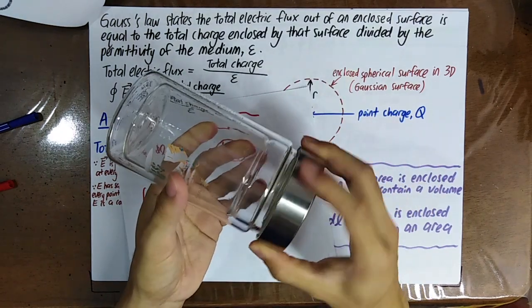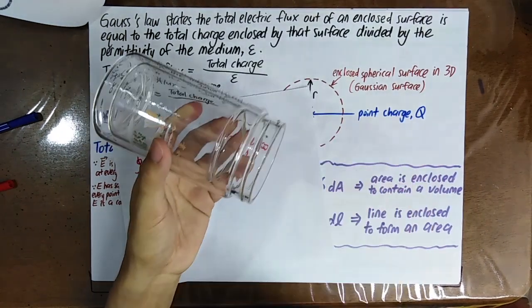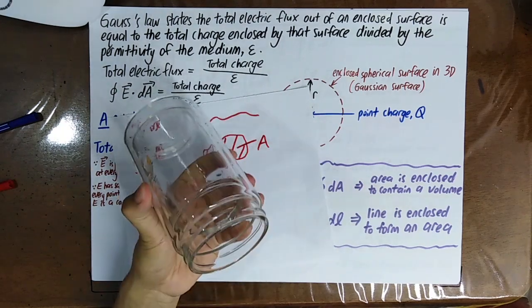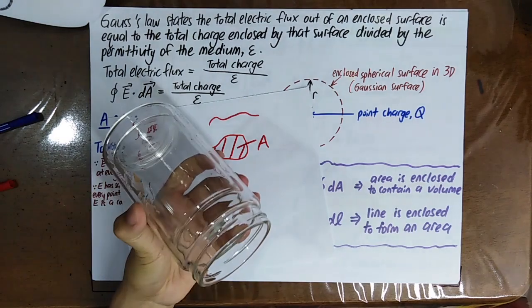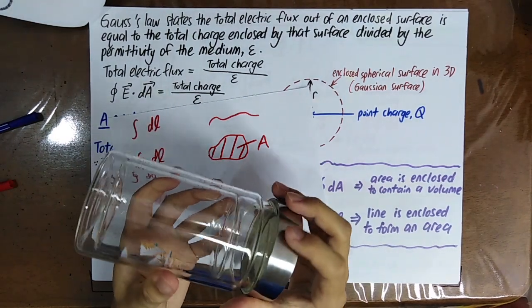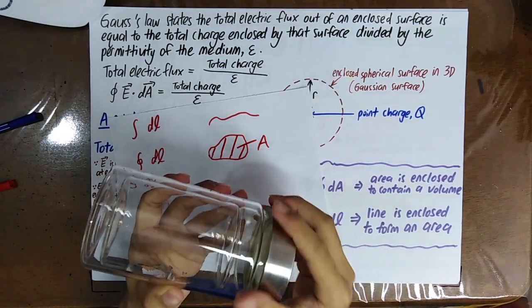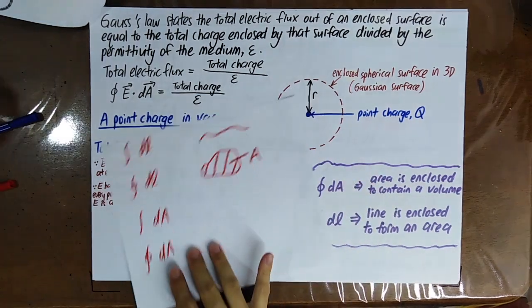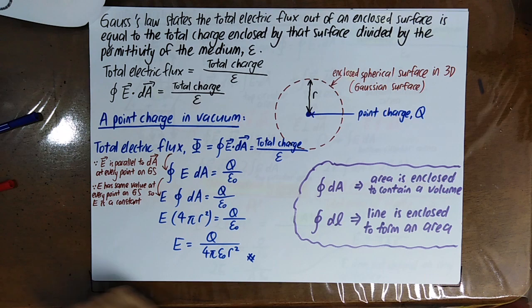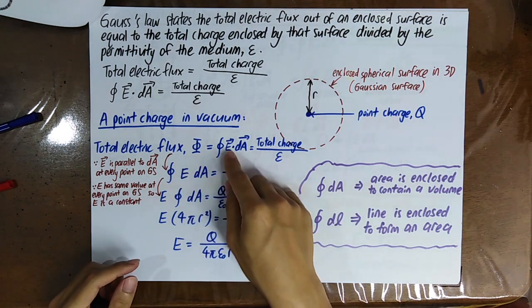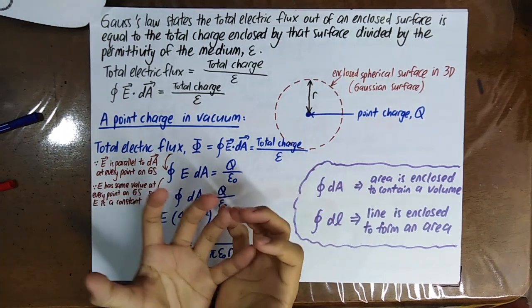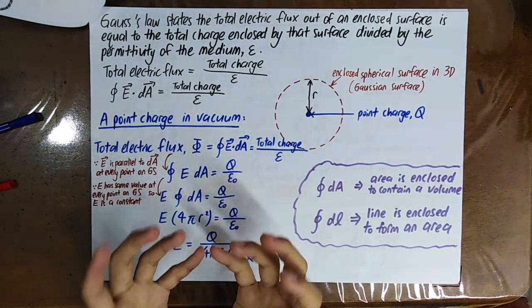Let's say now, you don't have this area anymore. You cannot form a volume because your surface is not enclosed. Only when the surfaces are enclosed can you form a volume. So now it's the same thing happening here. You have to make sure that your Gaussian surface is enclosed to form a volume in 3D.